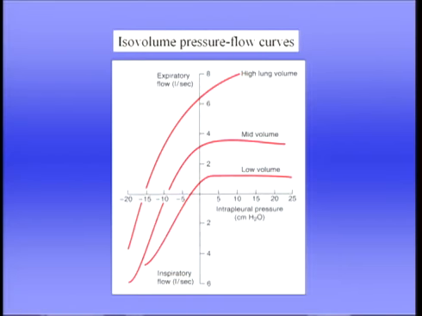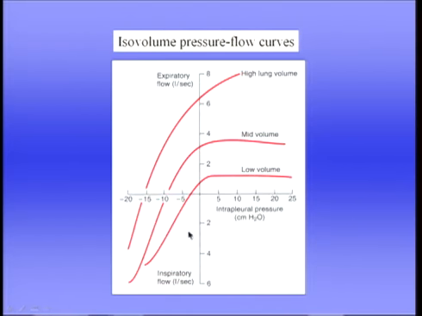And that's how you generate these curves. These are not single curves like I showed in the previous slide. These are sometimes called isovolume pressure flow curves because they're curves plotted for particular volumes: a high lung volume here, mid volume here, and a low lung volume here.